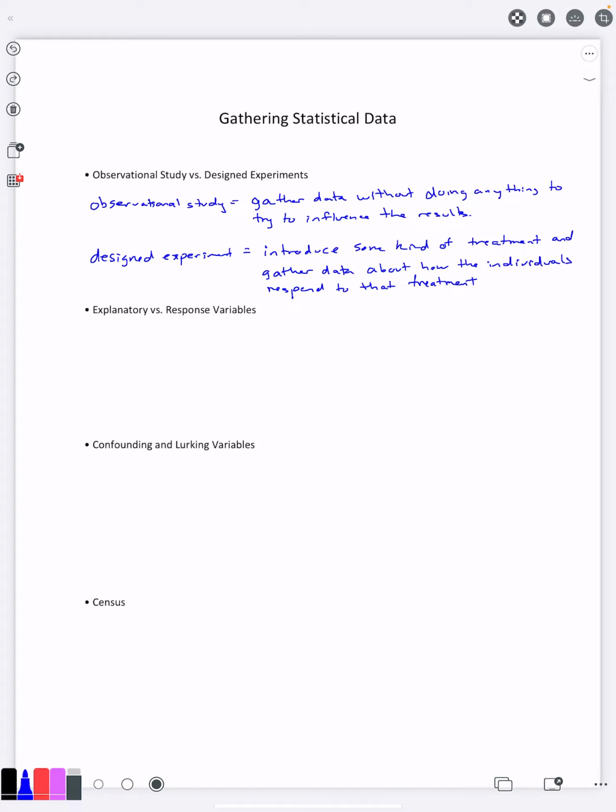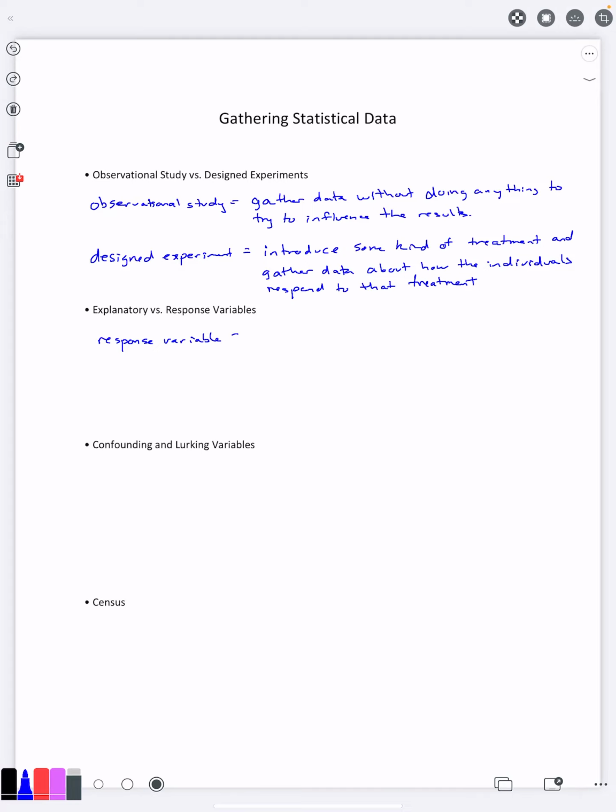Now, in line with that, whenever we are gathering data, we are going to be breaking up our data into explanatory versus response variables. So the response variable, and we're generally going to only consider one at a time, although in more complicated things you could consider more.